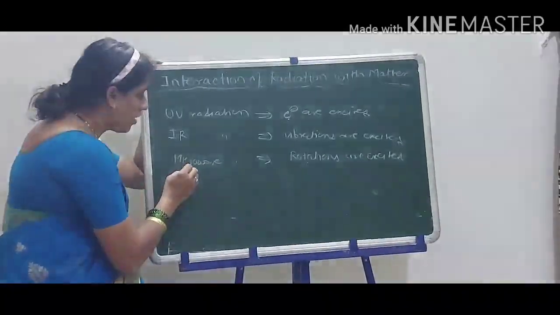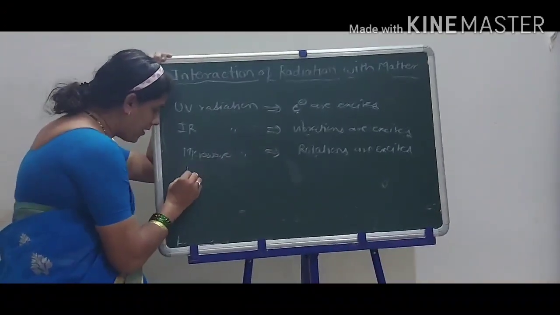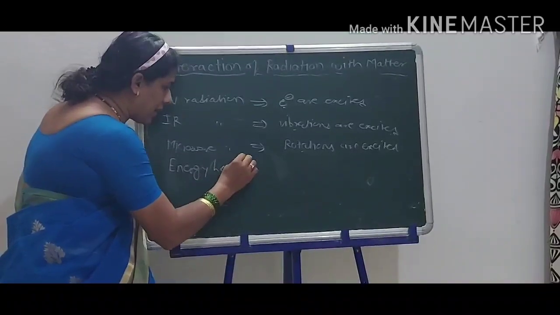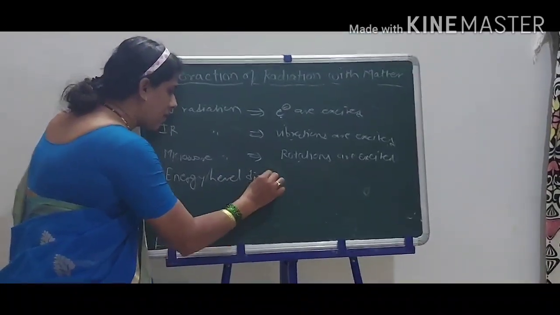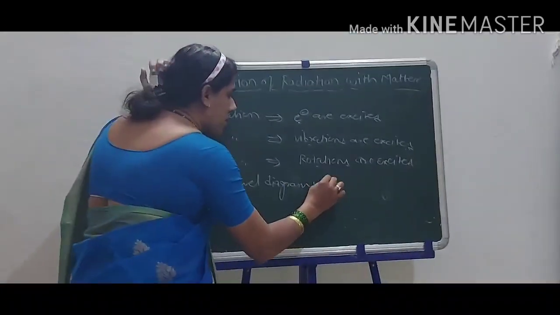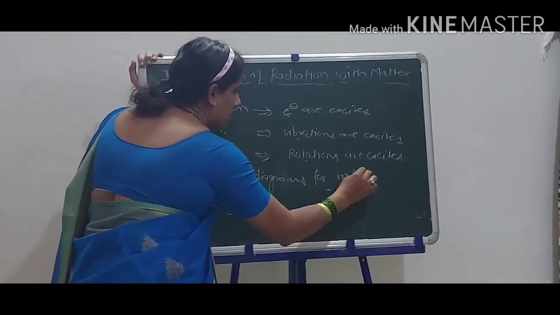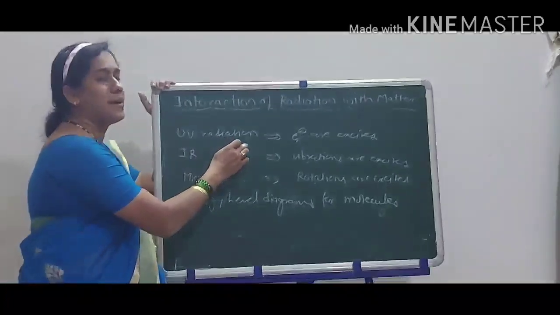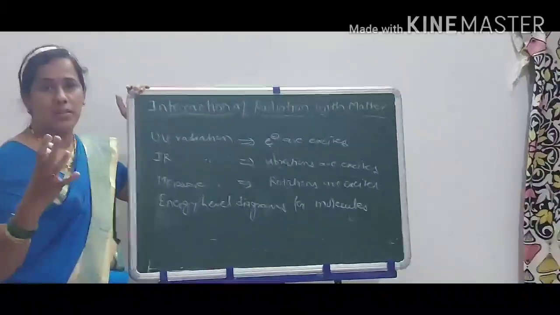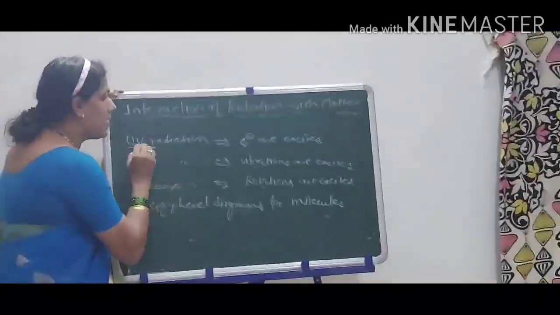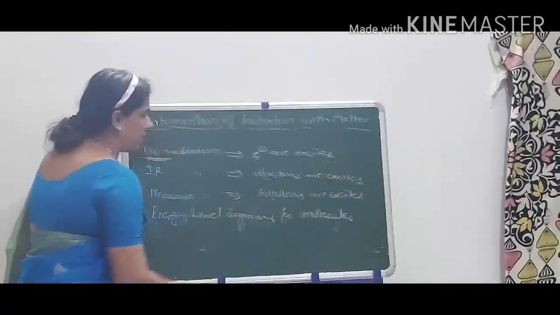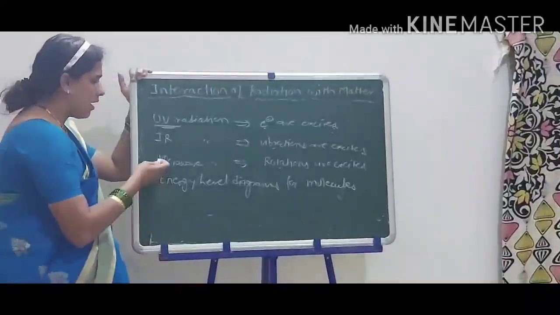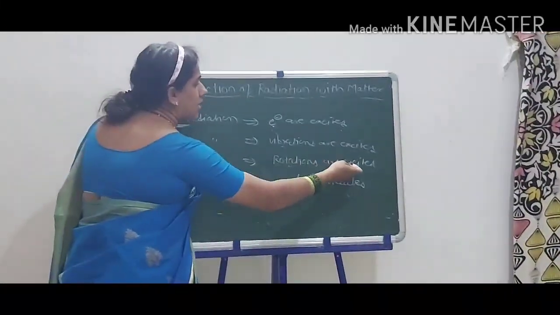In short, we have to write the energy level diagrams for molecules. In UV radiations, electrons are excited; in IR radiations, vibrations are excited; and in microwave, rotations are excited.